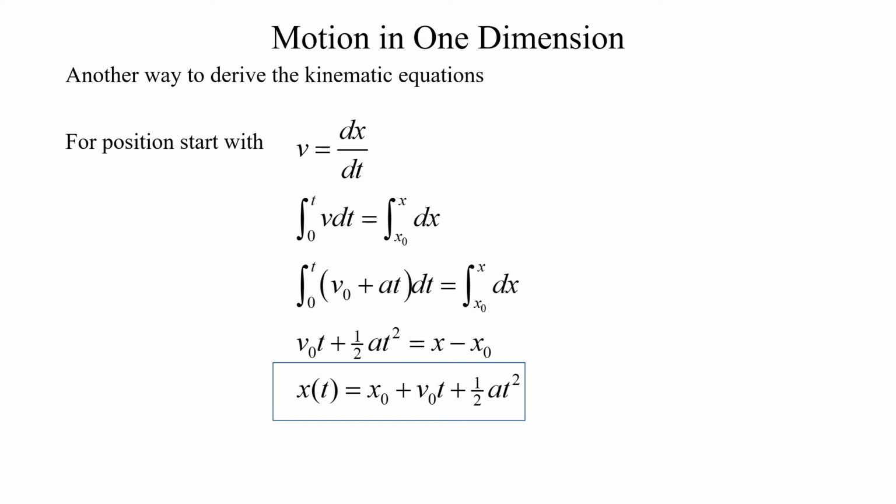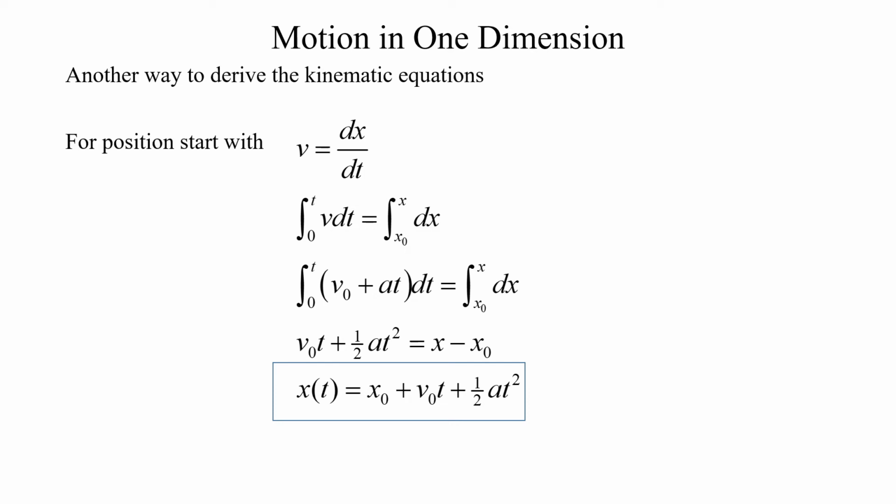So the integral of v dt equals the integral of dx, and the limits in the integration, we're going to go from 0 to t, and for the limits on the dx integral is our position at t equals 0 and our position at time t.